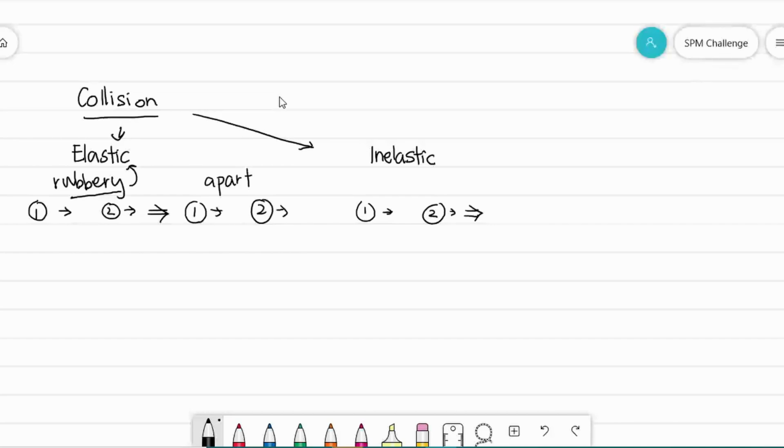In contrast, for the inelastic, for example, this is object number 1, object number 2. Imagine this is a bullet, and this one is a wooden block. When the bullet goes and becomes embedded inside the wooden block, the wooden block and the bullet will move with the same velocity because they are already embedded.